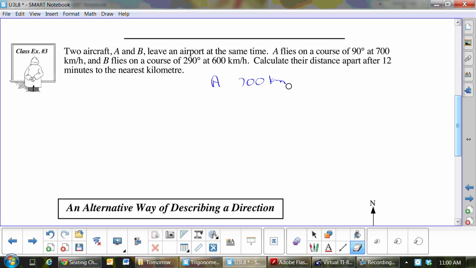I always try to write it out, because I've done enough physics that I always like to see my units cancel, or I'm not very happy. So I'm going to multiply by hours. I have 12/60th of an hour. That's what 12 minutes is. See, your hours cancel, and you're left with kilometers. So you go 700 times 12/60, you get 140 kilometers.